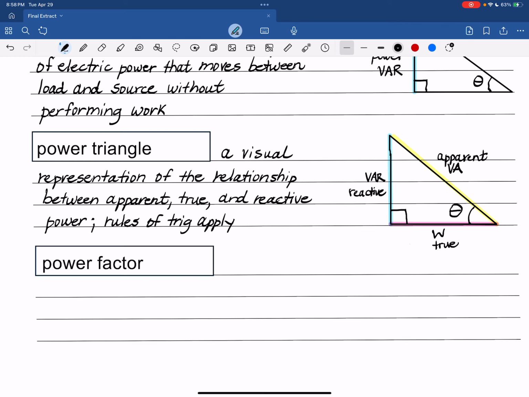And last but not least is power factor. And that is abbreviated as PF, lowercase.